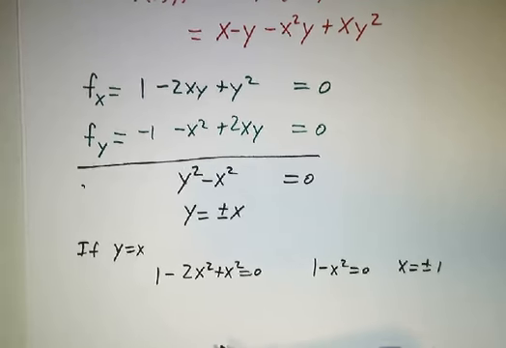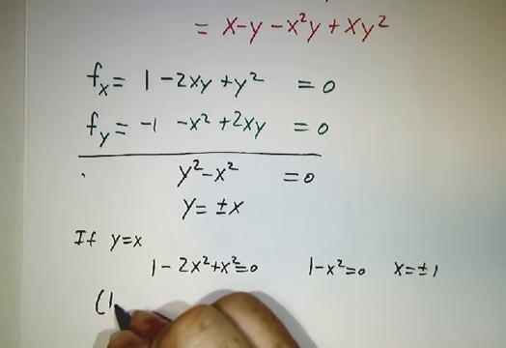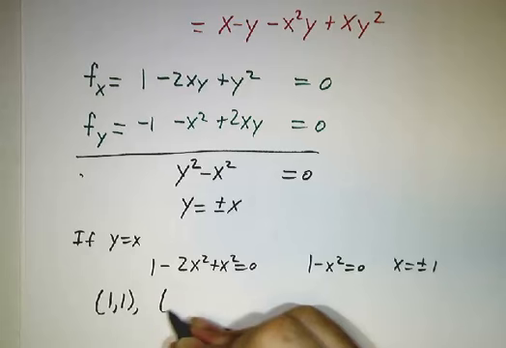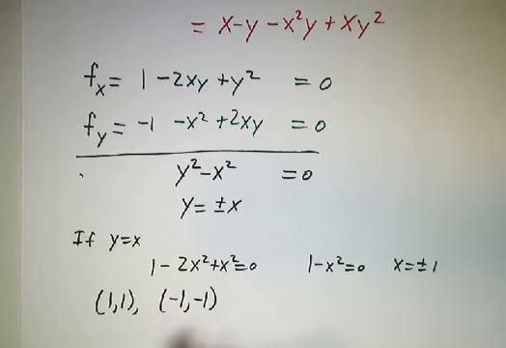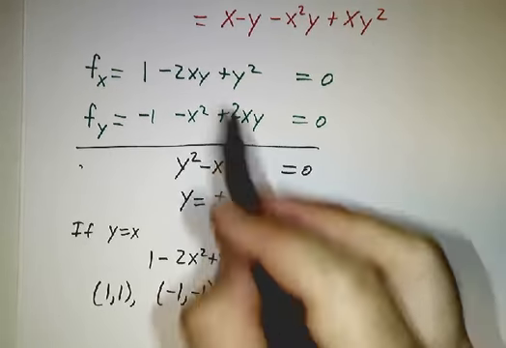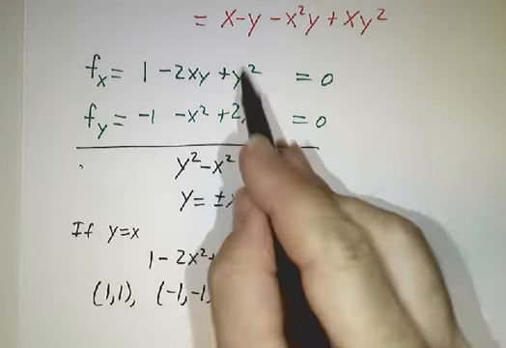So that gives us two critical points. We've got the critical point (1, 1), and the critical point (-1, -1). If you plug them into these equations, you'll see that they both work. Now, the other possibility is if y is equal to minus x.